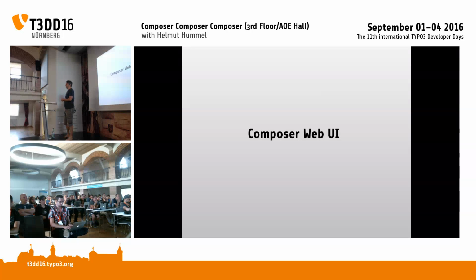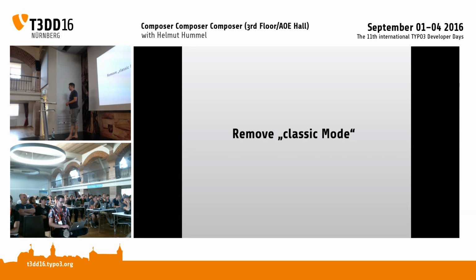But at some point, it is evident that we remove the extension manager, remove our own dependency handling code, which is by far not as good as Composer dependency handling, and write a Composer UI. And at that point, of course, we will say, okay, there's no classic mode anymore.